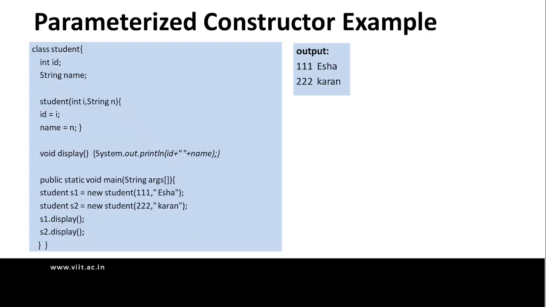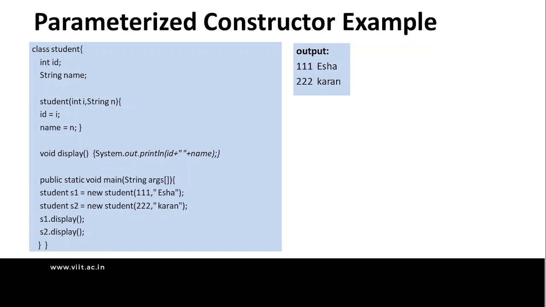For example, Student with integer id and name: a Student constructor with parameters integer i and string name, so that at the time of calling you can provide its id and name, and it will get assigned for further use. While displaying, system out println prints id and name.